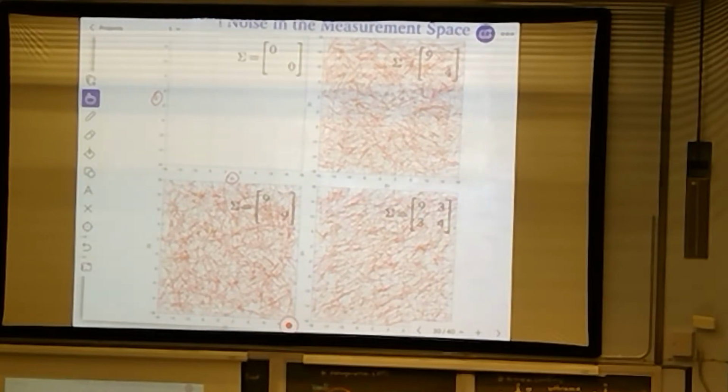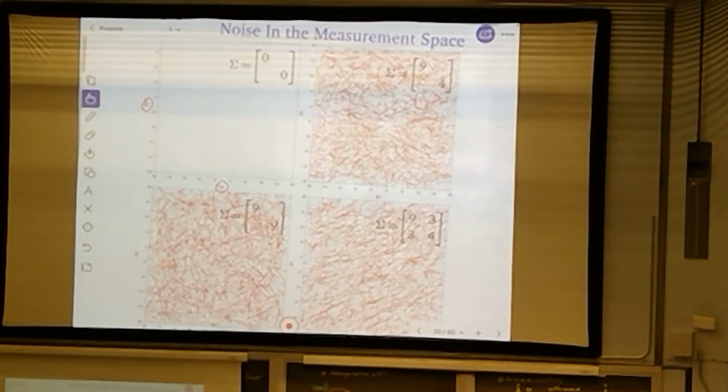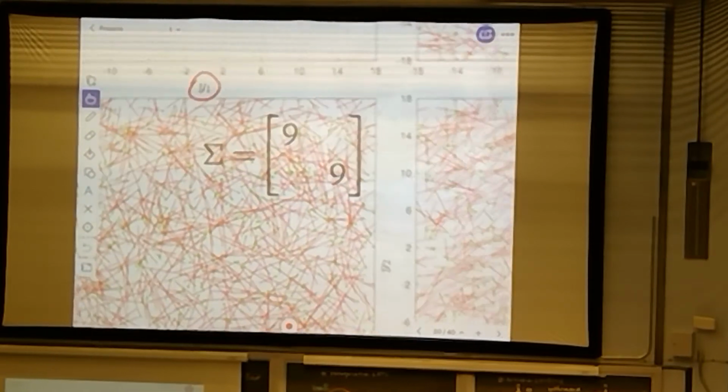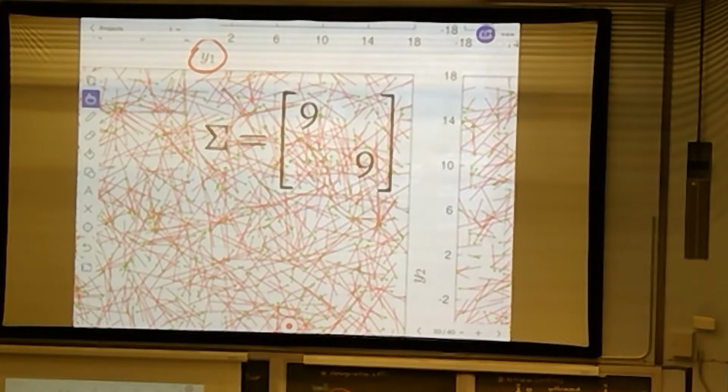If I add this one, this is IID noise. The noise is Gaussian, okay, so sigma equals 3. So what I'm doing here is actually what I plotted here. You still see, for example, take this point, you still see the original gray point, the source point. I have my Z1, Z2.